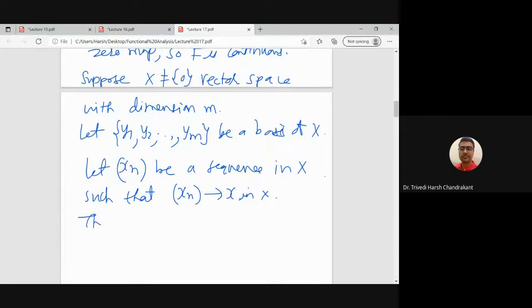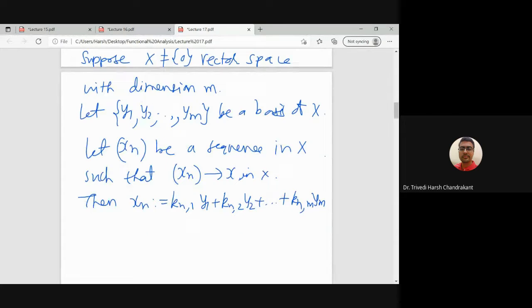Every such sequence we can decompose in coordinates: kn1 y1 plus kn2 y2 plus ... plus knm ym. What is this?